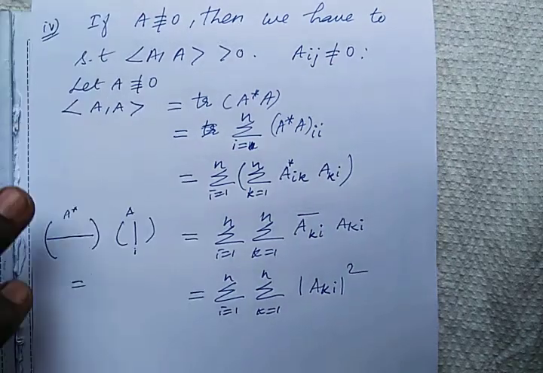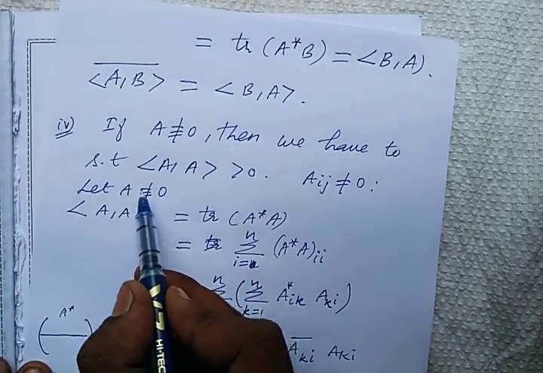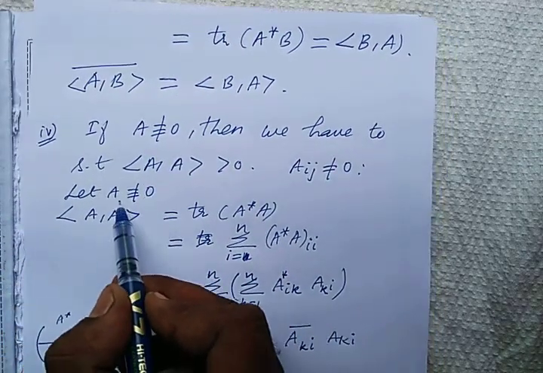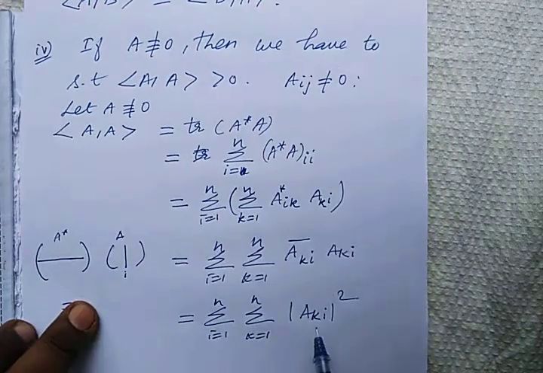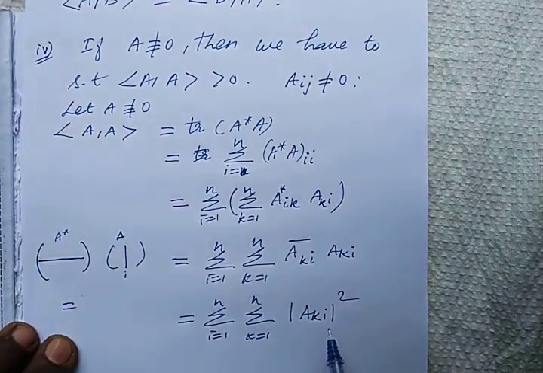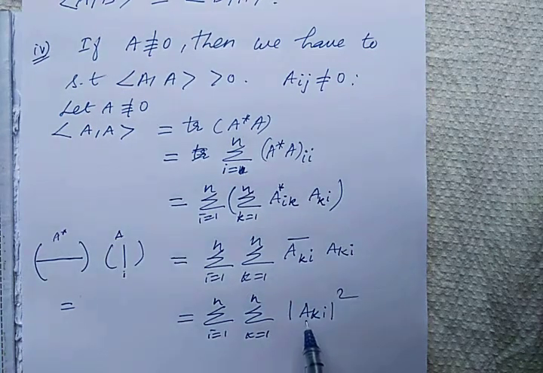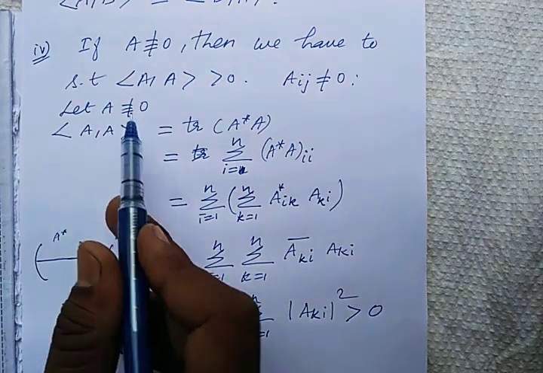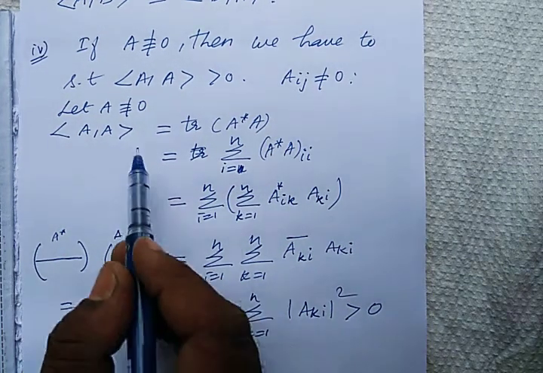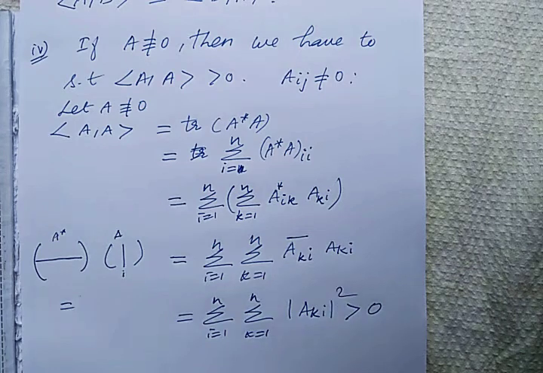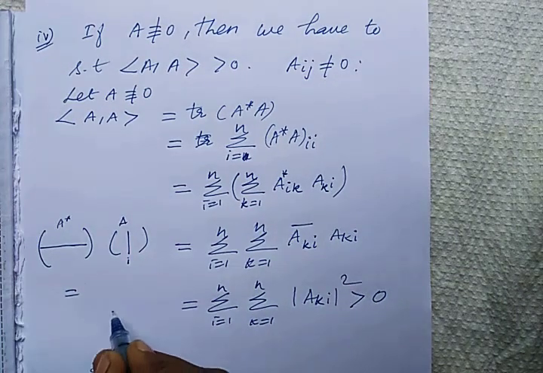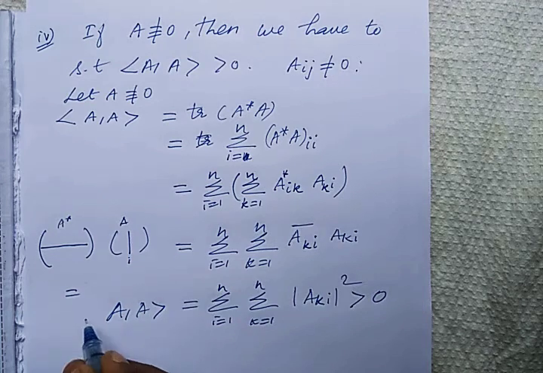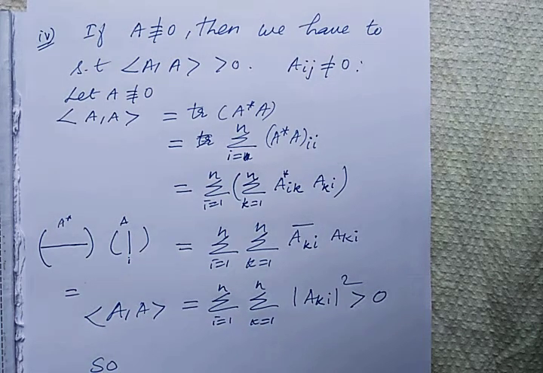We have taken that A is a non-zero matrix, so at least one of the entries of A will be non-zero. Hence its square also will be positive, and all other terms will be non-negative. So this is always positive because it's a non-zero matrix. So we have proved that this is also positive for a non-zero matrix.